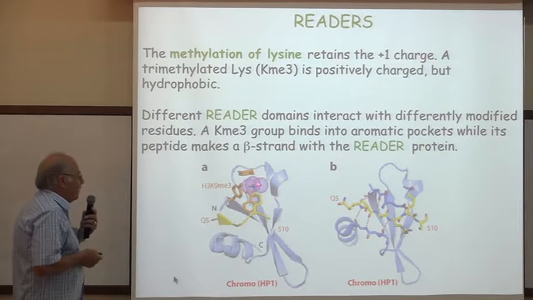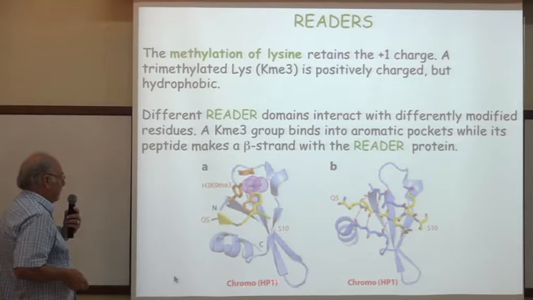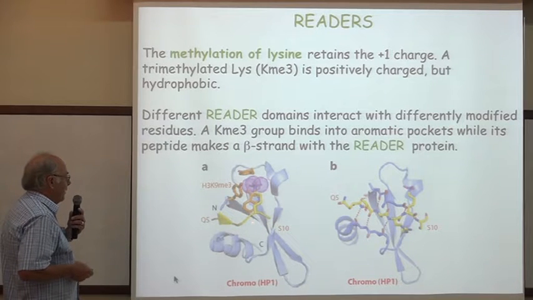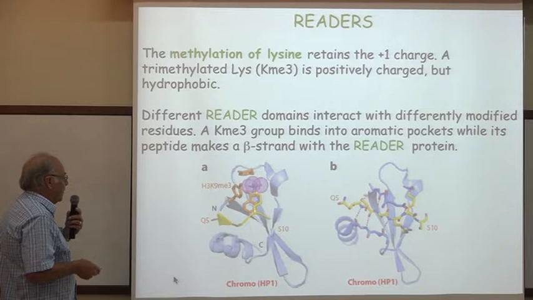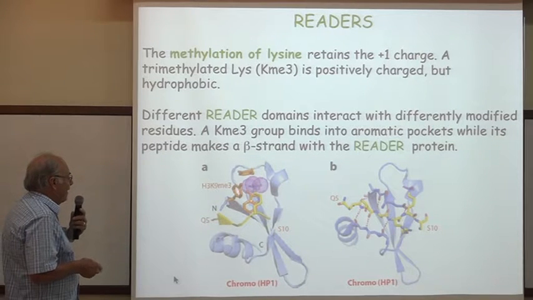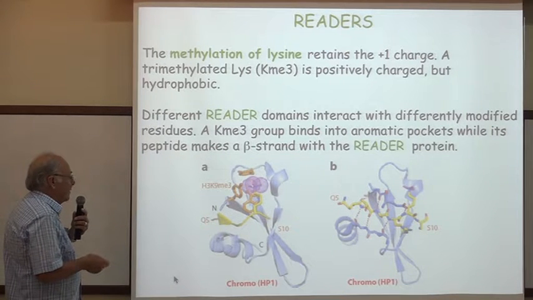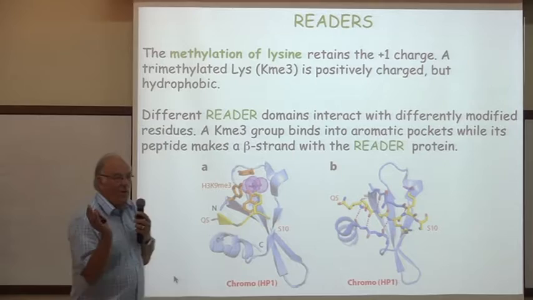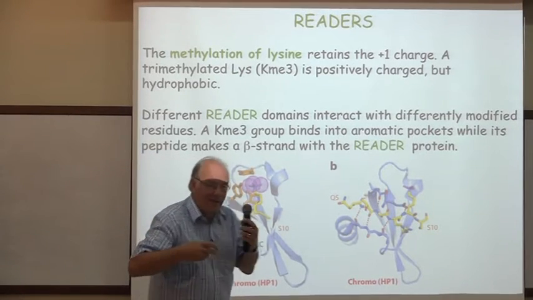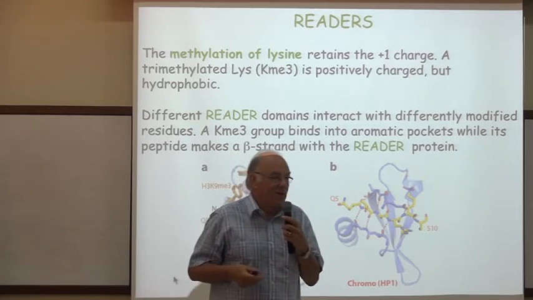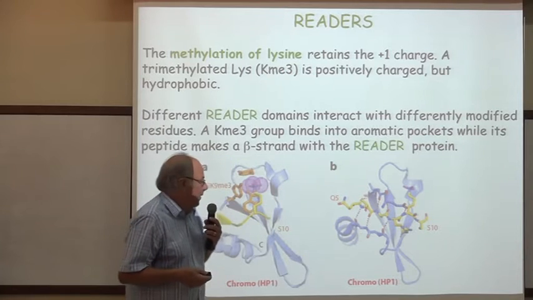So here is a 3-methylated lysine in a specific reader domain, and look how it's organized. This is the peptide on which the lysine is sitting, but here are 3 aromatic groups surrounding the lysine, and they're all showing the partial negative charges towards the lysine, so it balances the lysine positive charge.